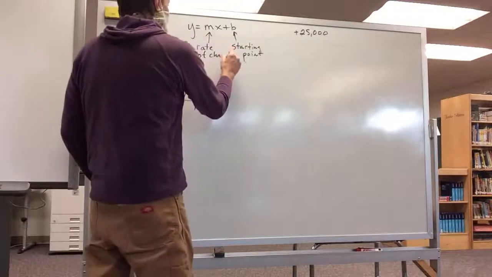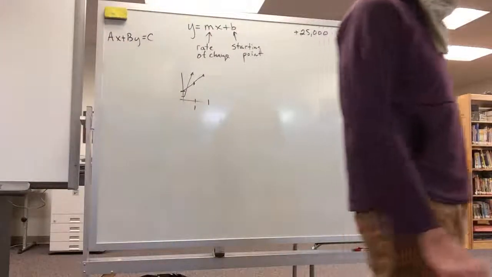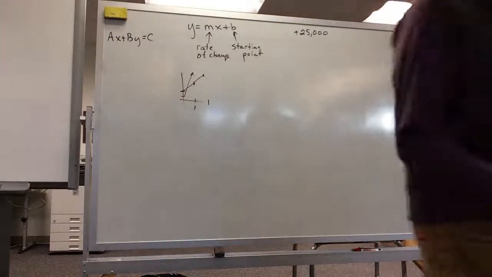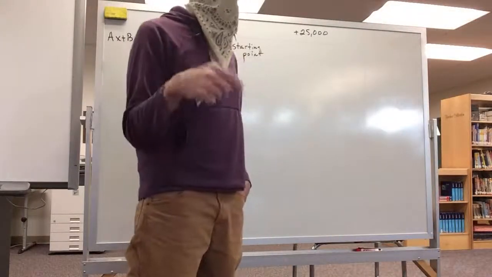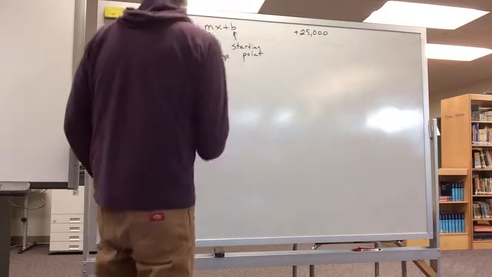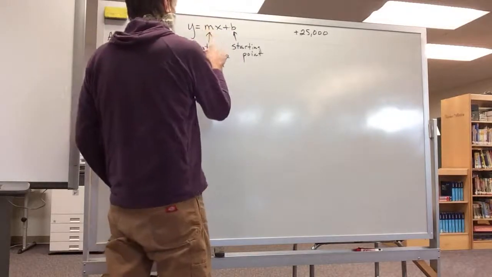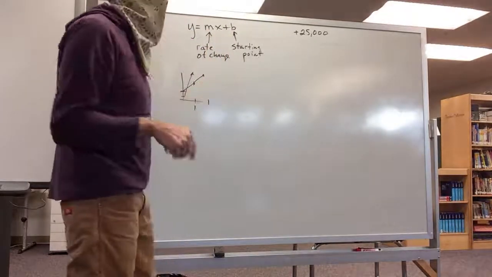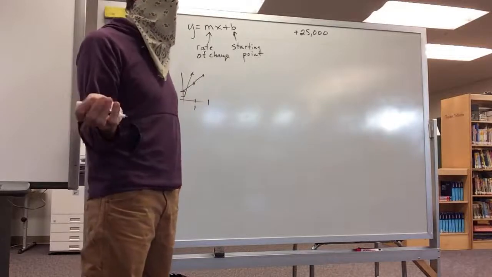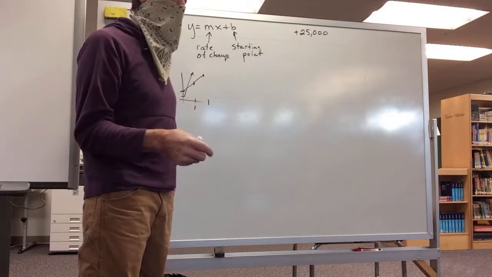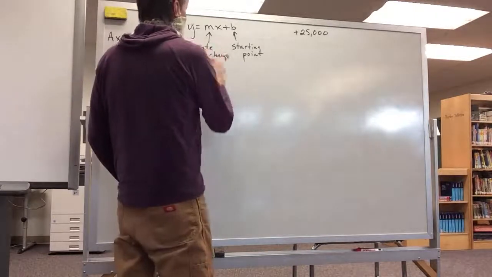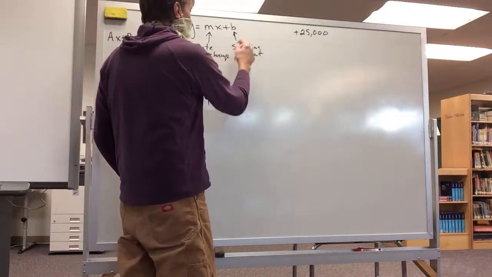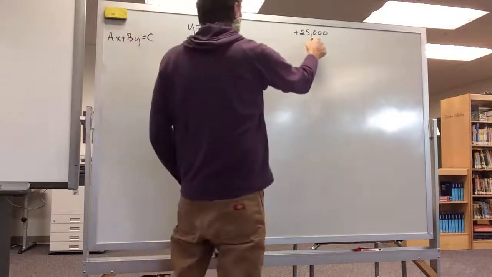Well, populations and speed are similar because they change, and they change at a particular rate. They go up or they go down over a period of time. So whenever we're talking about slope, that's a rate of change. It could be speed, population, how tall something is, or the temperature. What you have to look for is two things. What is the starting point? That was 25,000.